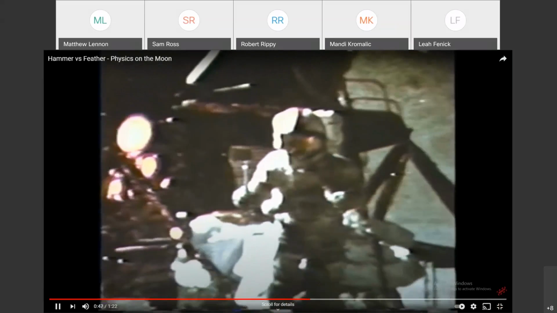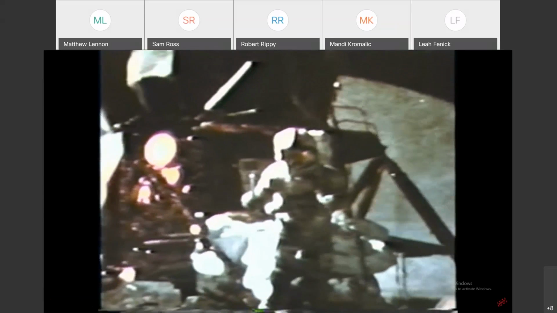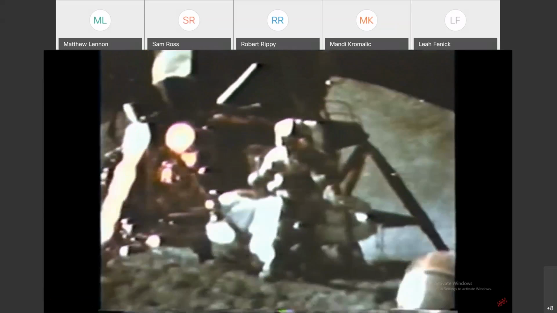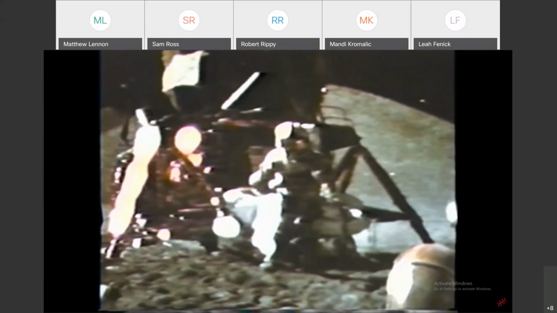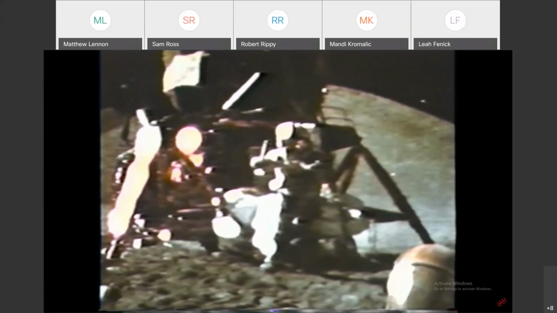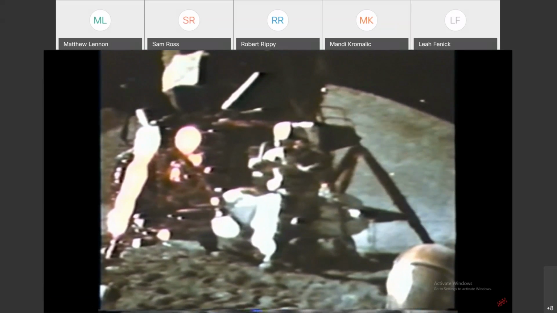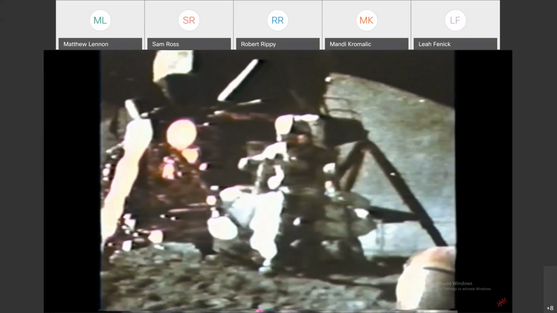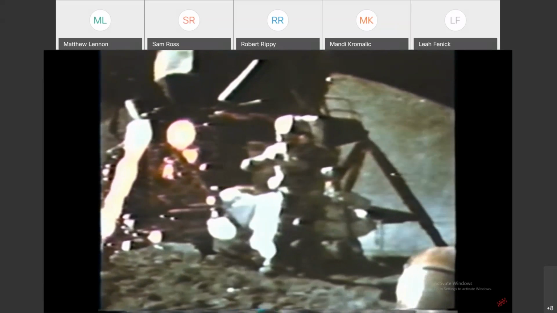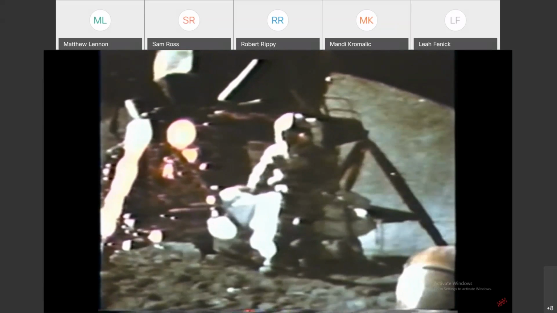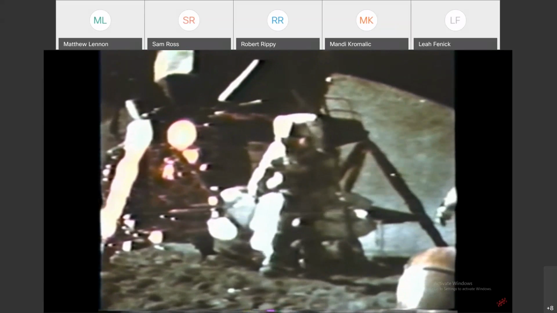And so we thought we'd try it here for you. The feather happens to be appropriately a falcon feather for our falcon. And I'll drop the two of them here and hopefully they'll hit the ground at the same time. How about that? Proves that Mr. Galileo was correct in his findings.